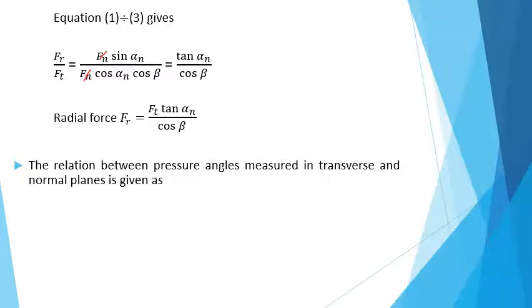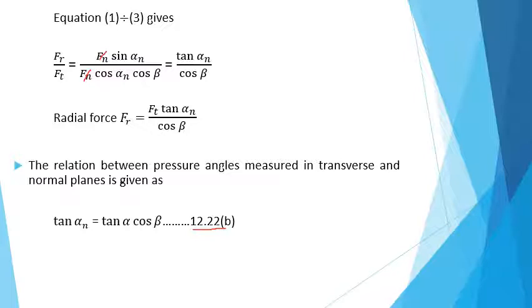Now the relation between the pressure angle measured in the transverse and normal planes will be given as tan alpha n is equal to tan alpha into cos beta. This is available in equation number 12.22b from the design data handbook, where alpha n is the normal pressure angle and alpha is the pressure angle in the transverse plane.